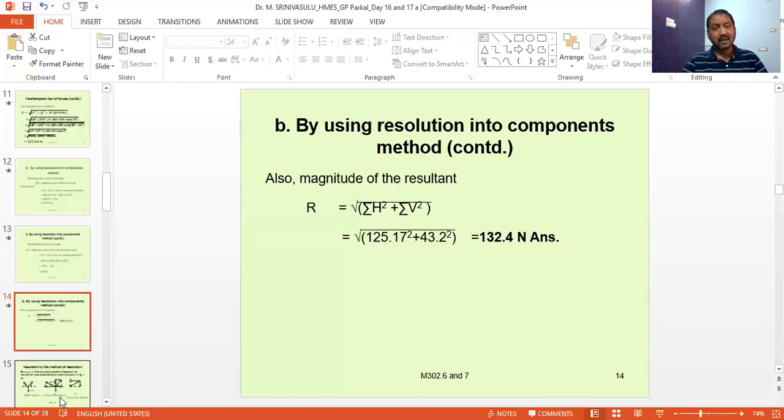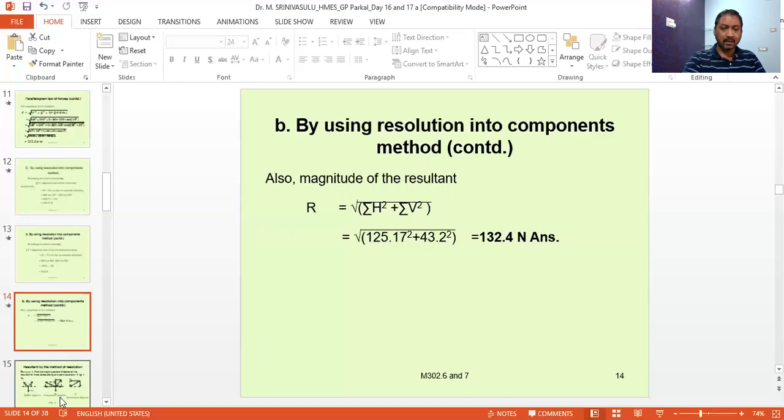So this is the answer, and in this way we can solve problems on parallelogram law of forces and also by using the method of resolution of forces.